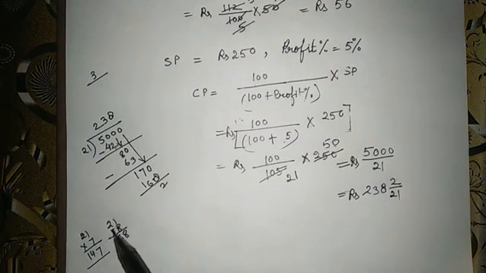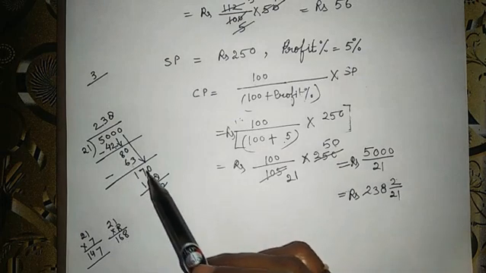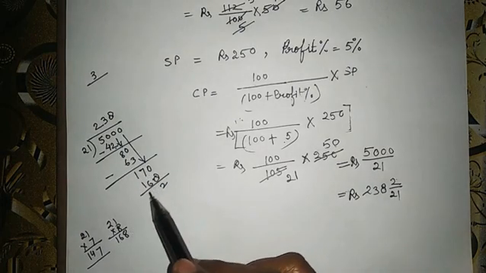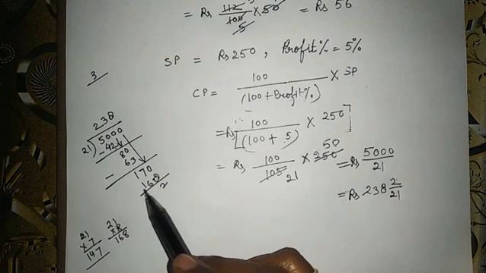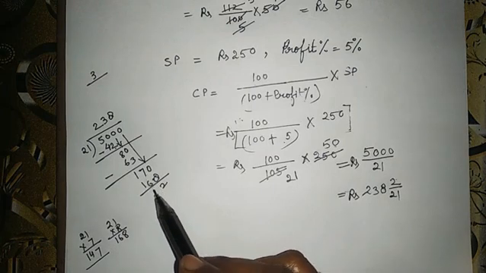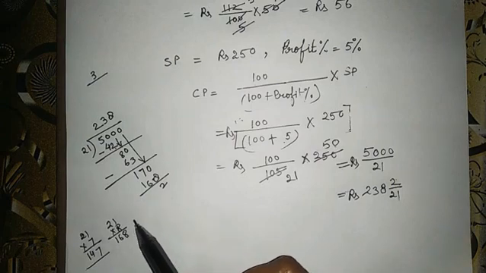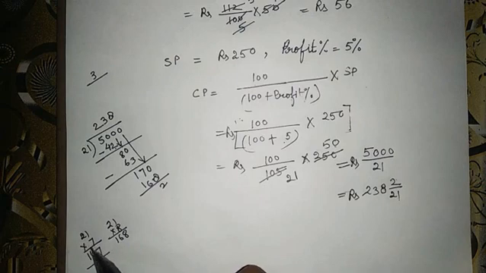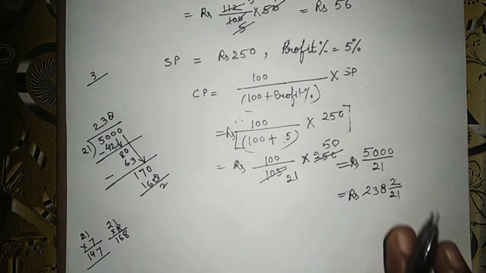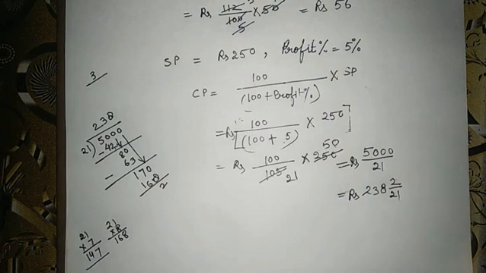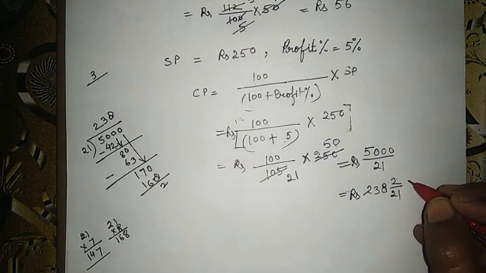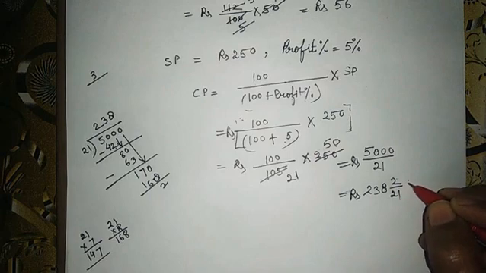You just see here 8 ones are 8, 8 twos are 16. Here 168 will come. You can subtract 168 from 170. So you will not try 9 times. Okay, and before this I had tried by table of 7. So the answer of this question number 3 is rupees 238 whole 2 upon 21.